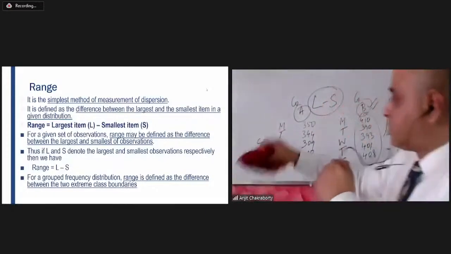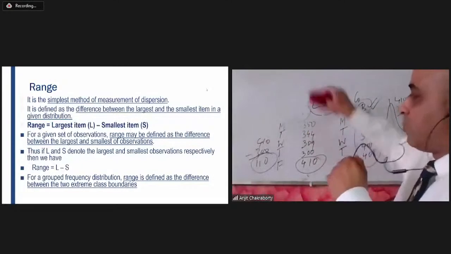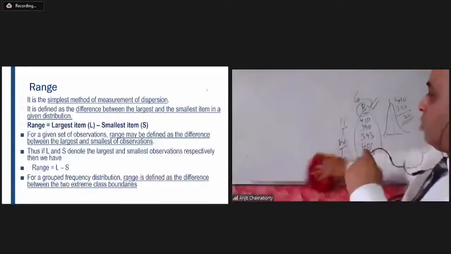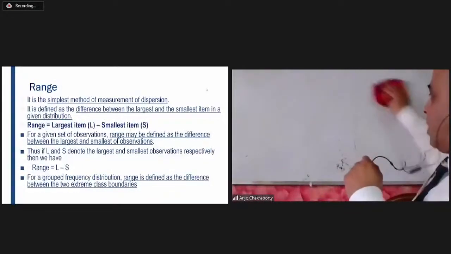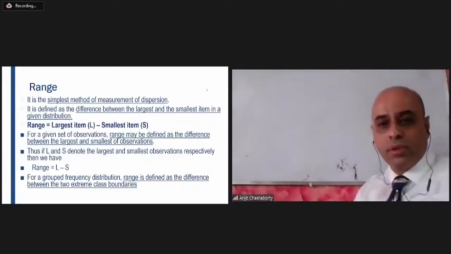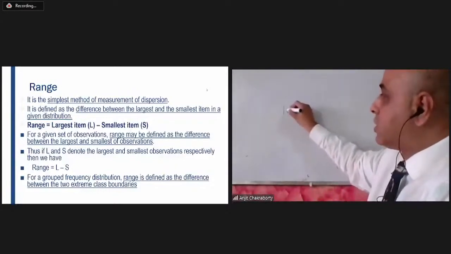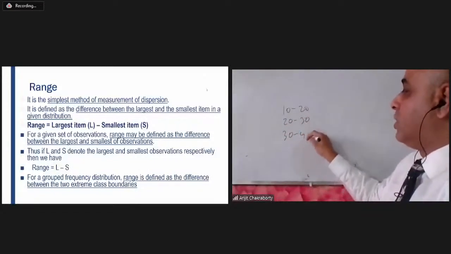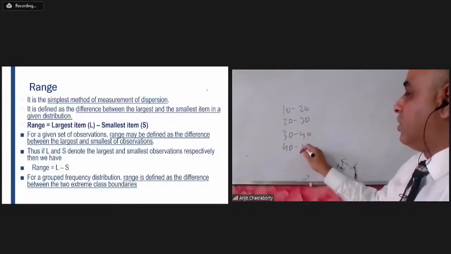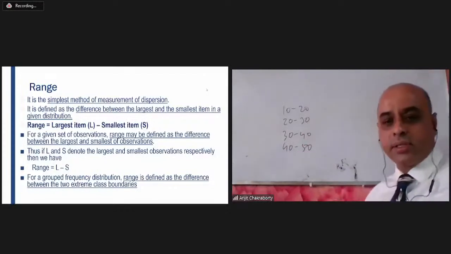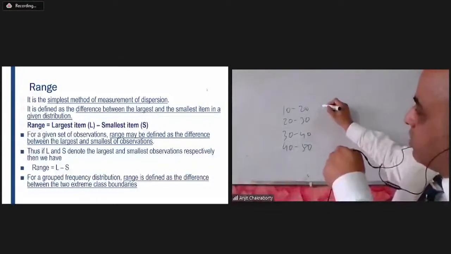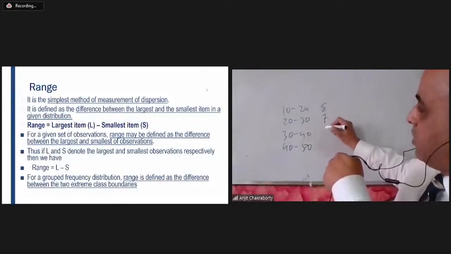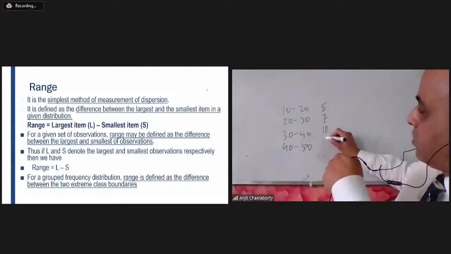Now for a grouped frequency distribution, very important. In the previous case you see there is no frequency. But if you have a grouped frequency distribution, what will happen? Say I'll take the case 10 to 20, 20 to 30, 30 to 40, 40 to 50, and there are some frequencies, maybe 5, 7, 10, and 6.